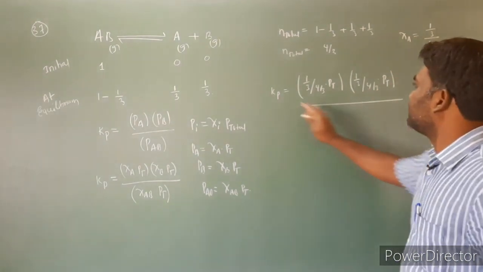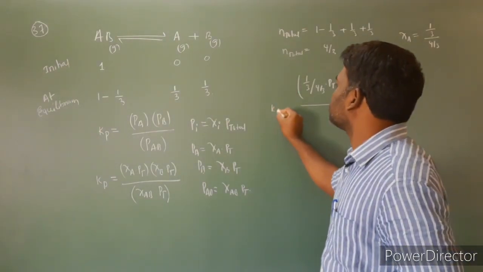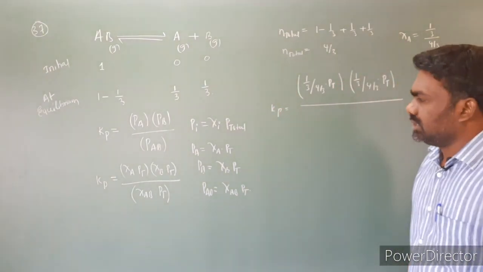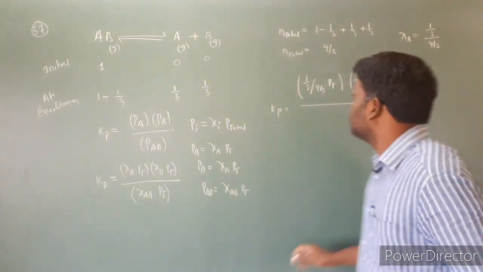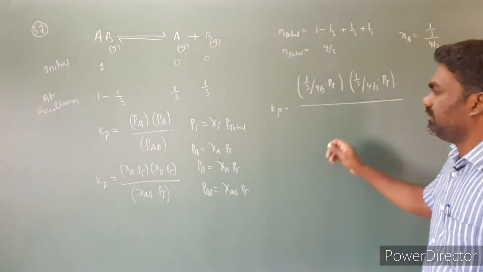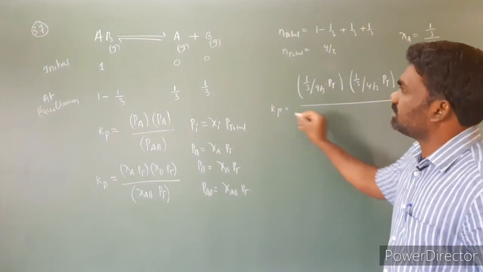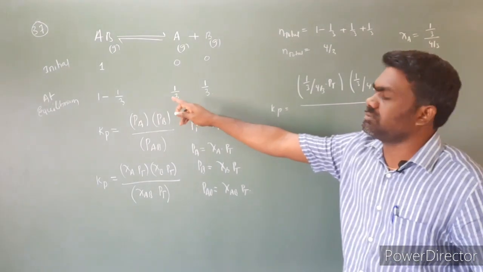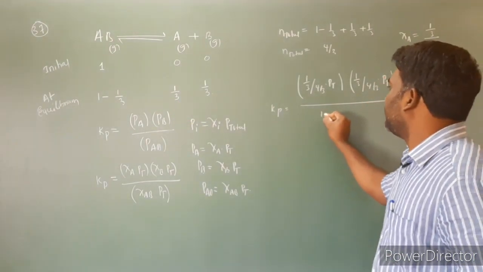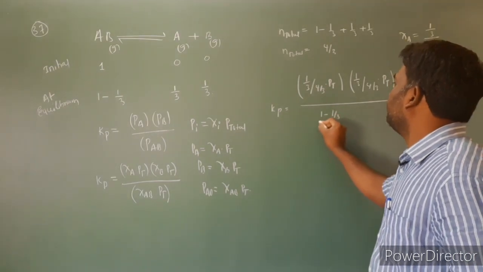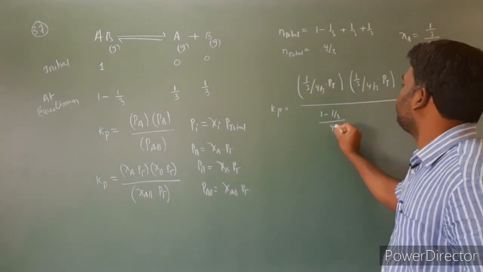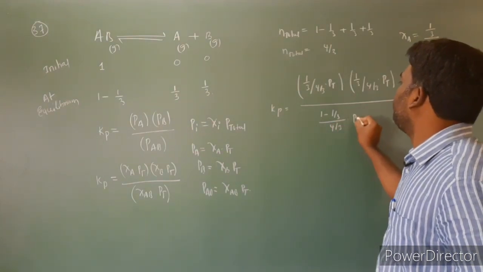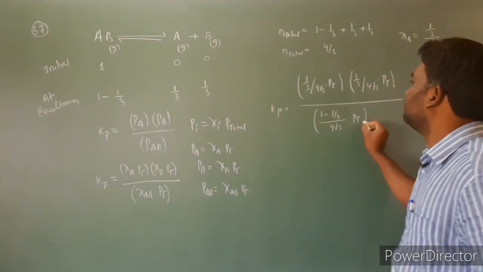Next, the partial pressure of AB is the mole fraction of AB times P total. How do you get the mole fraction of AB? The number of moles of AB is 1 minus 1 by 3, divided by the total number of moles, 4 by 3, times P total, isn't it?